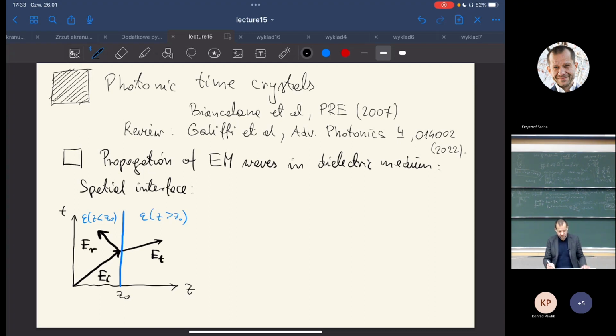And of course, when we consider plane wave propagation, then we know the Fresnel equations. But one important thing is that what is conserved in this wave propagation is the energy. So when we consider a certain frequency, this frequency or energy is conserved.